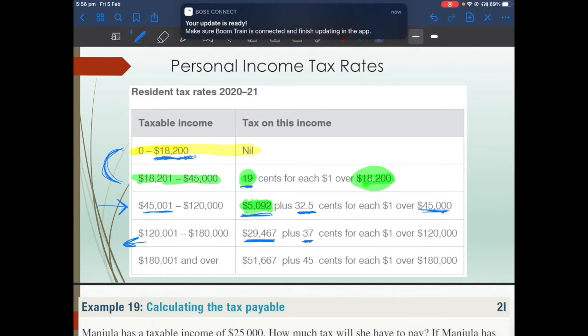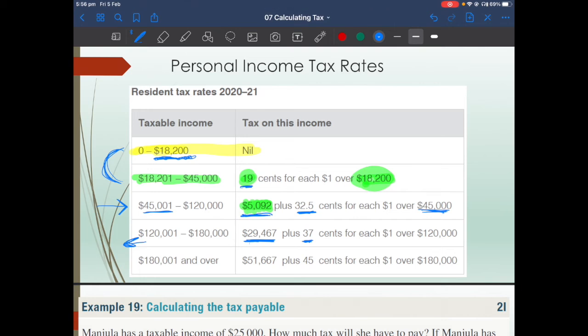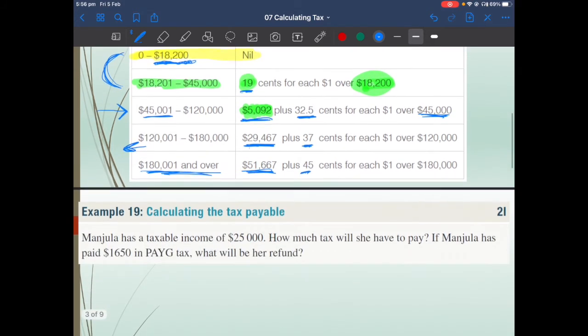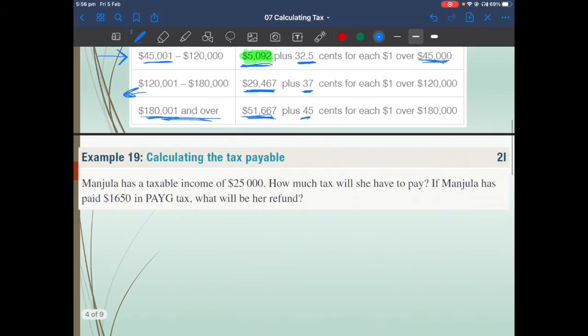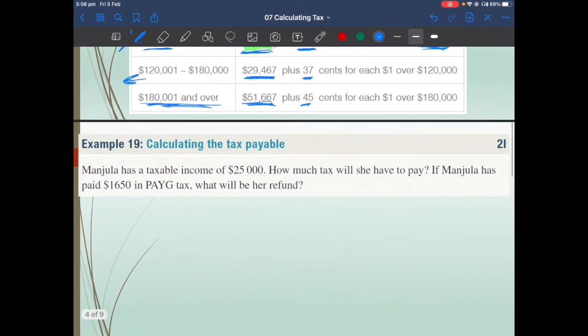And then if you earn anything over 180,000, you pay this flat amount, which covers, again, your first $180,000, and you pay 45 cents for each dollar over that. Let's have a go at doing some of these calculations.